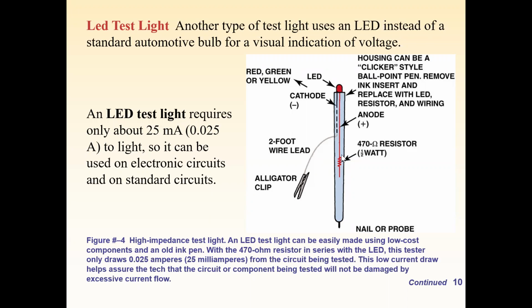Sometimes there is a possibility of two wires touching each other, so the current will not be short circuited and go in this line, because here there is a resistor. A LED requires only 25 milliamperes of current to light.